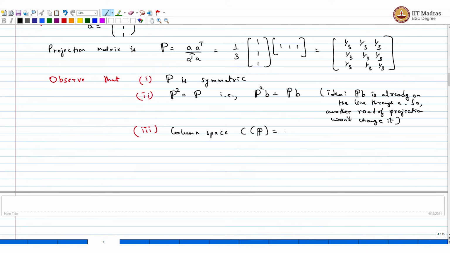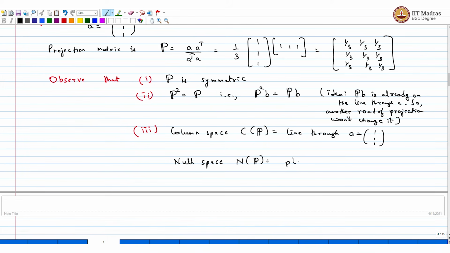If you look at the matrix given in the example above, then the column space of the matrix is just the line through A. So, what is the null space of P?